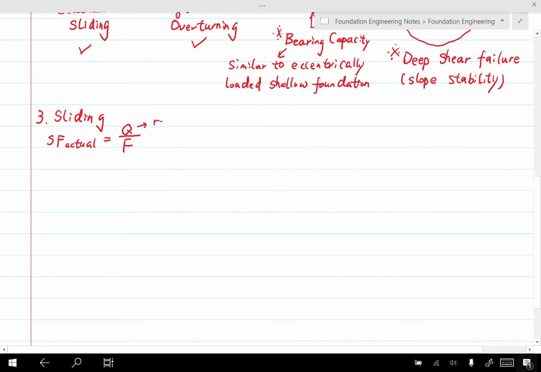This is the resistance but it has the unit of a force. Or we can call it capacity, same thing. And F, this is a sliding force. Here, it's the force that can fail the building. And this one needs to be greater than or equal to the design safety factor.